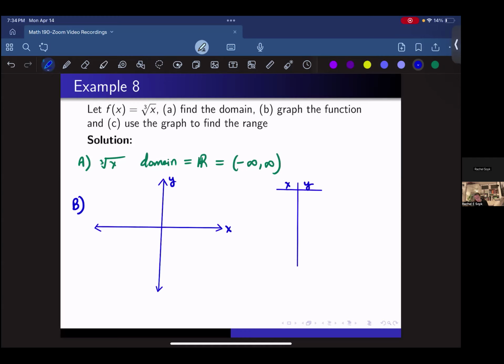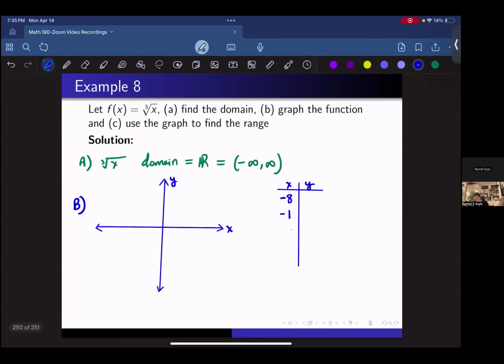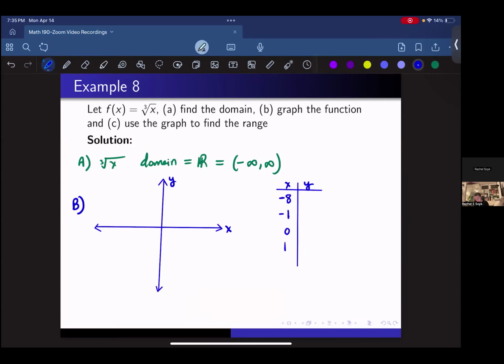So I would say, why don't we choose maybe -8? Let's choose -1. Let's choose 0. Let's choose +1. And let's choose +8. Cube root of -8 gives you -2. Cube root of -1 gives you -1. Cube root of 0 is 0. Cube root of 1 is 1. And cube root of 8 is 2.